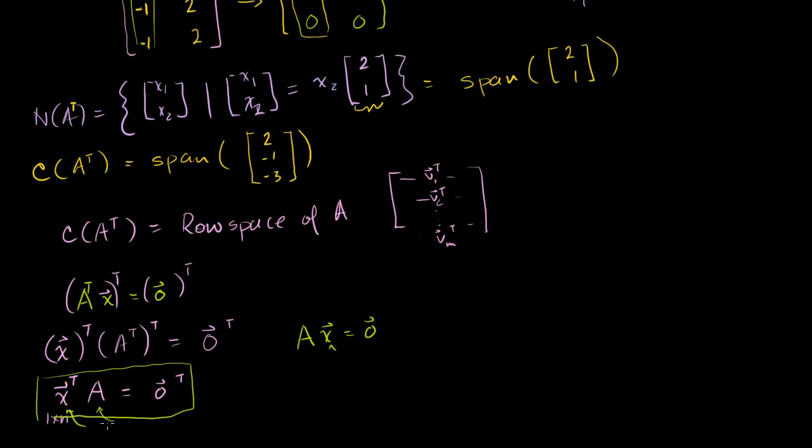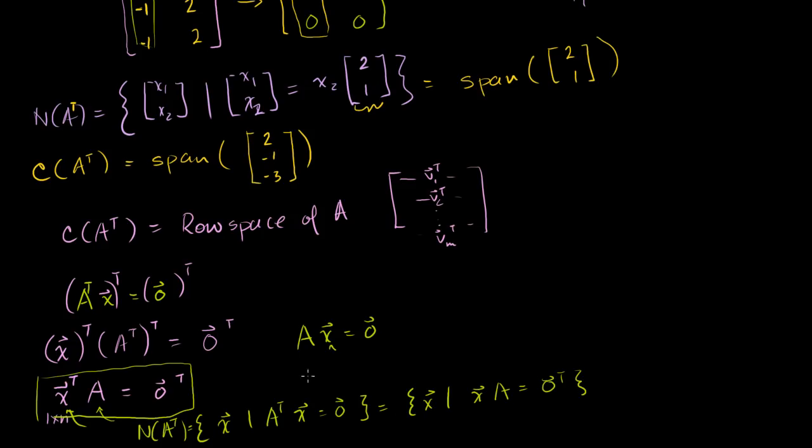So let me say, the set of all of the x's such that A transpose times x is equal to 0, that is the null space of A transpose. Or we could also write this as the set of all of the x's such that the transpose of x times A is equal to the transpose of the 0 vector.